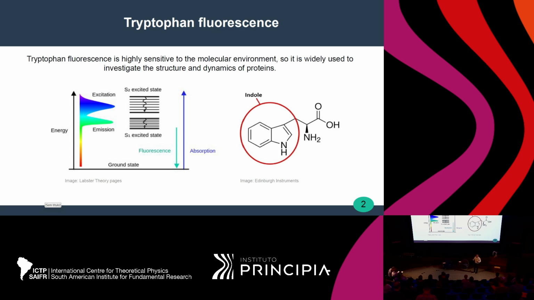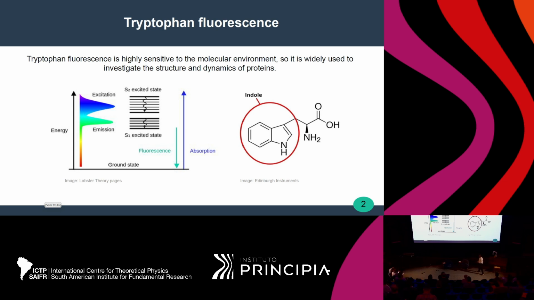The emission spectra of the tryptophan residues can tell, for example, if the environment is polar or non-polar. Also about the conformation of the side chain, if it's more buried or more exposed to the solvent, and so on.